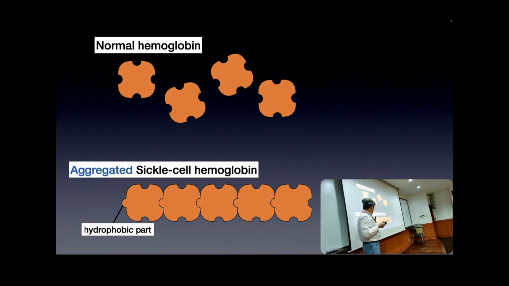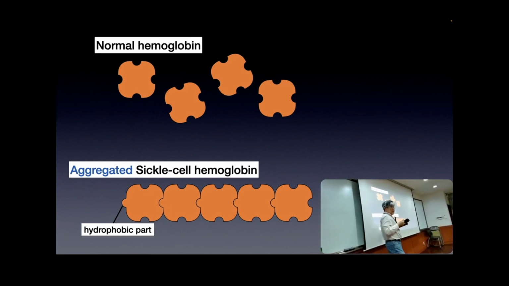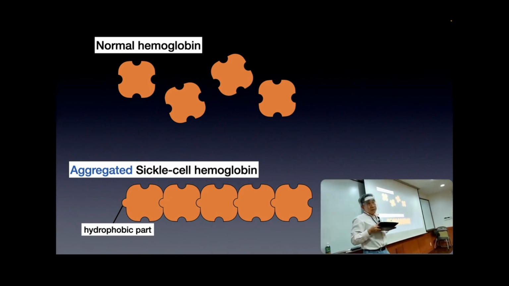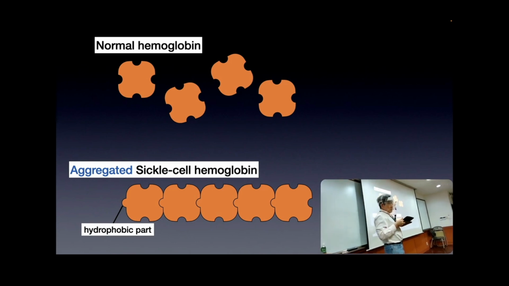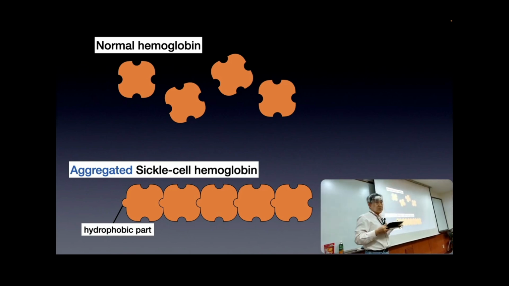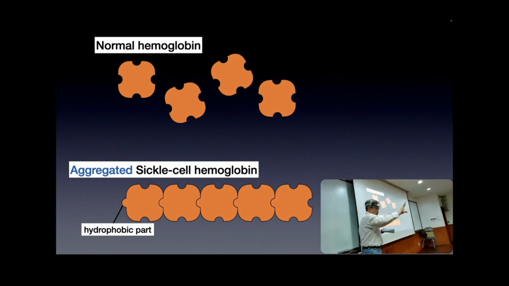Incorrect protein folding is the main actual cause of many important and disturbing diseases like sickle cell anemia, and the same thing for Parkinson's and even diabetes and Alzheimer's. They all follow the same basic principle of incorrect protein structure.